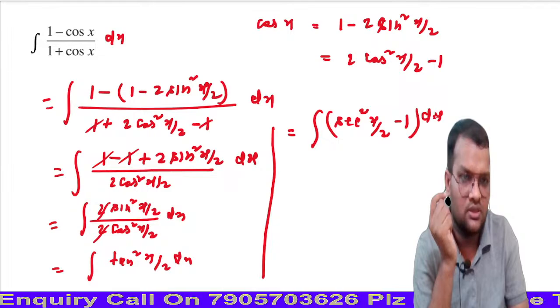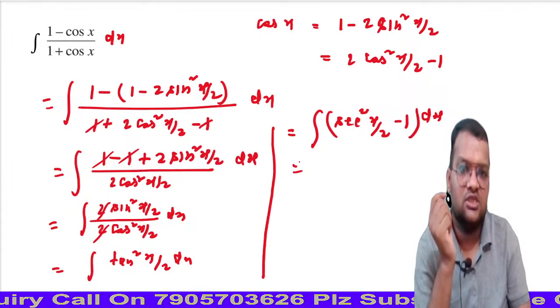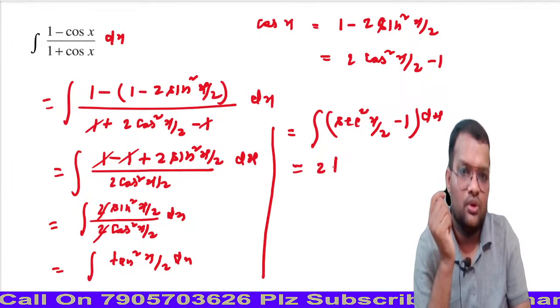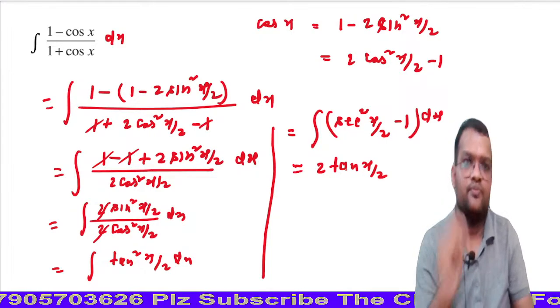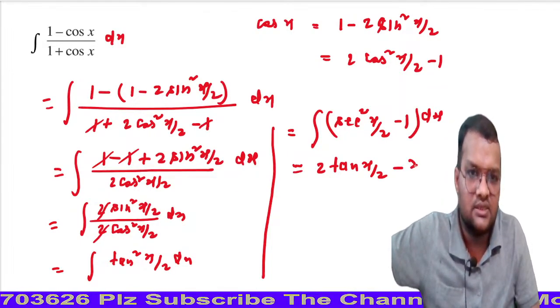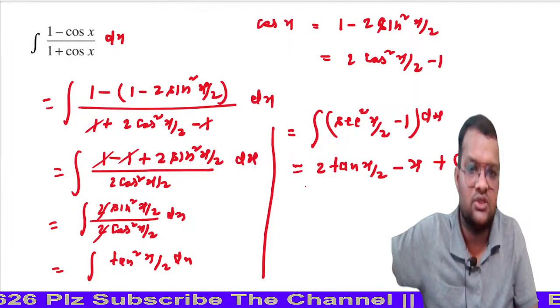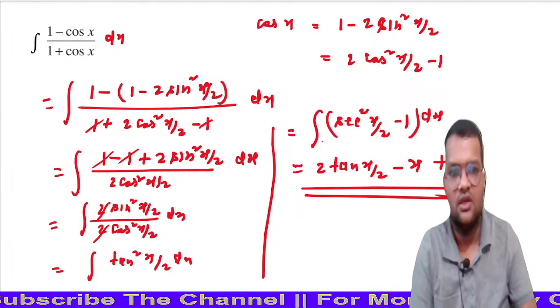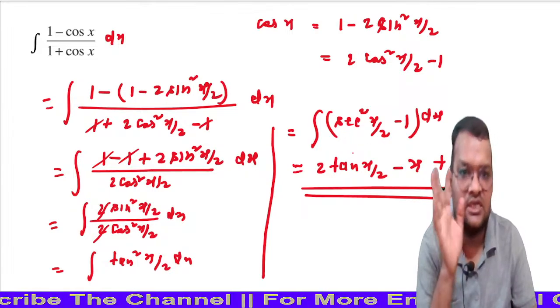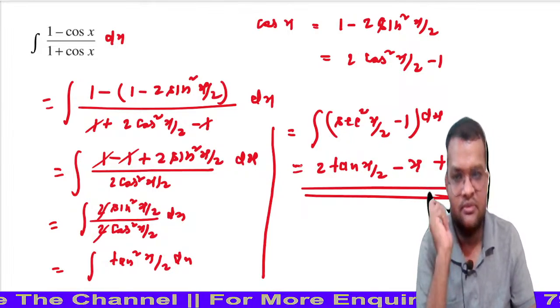When you integrate this, it becomes 2 tan x by 2 minus x plus integration constant. This is your answer. Integration of sec square x is tan x, but here it is x by 2, so it gets multiplied by 2.